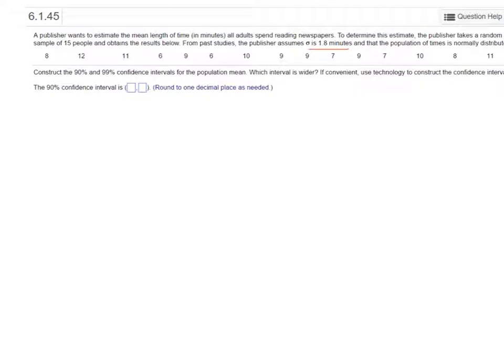Our confidence intervals for means come in the form x bar plus or minus margin of error. And our margin of error for a z-interval for a mean, we've learned, is the critical value times what's called the standard error. We take sigma and we divide by root n.